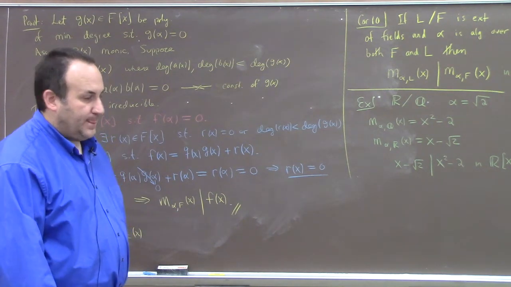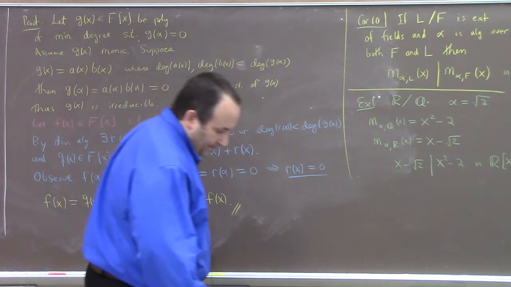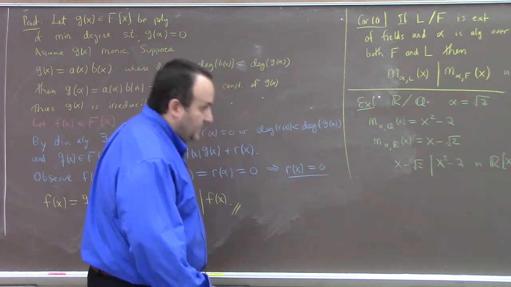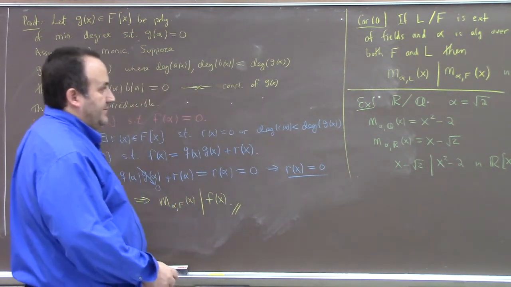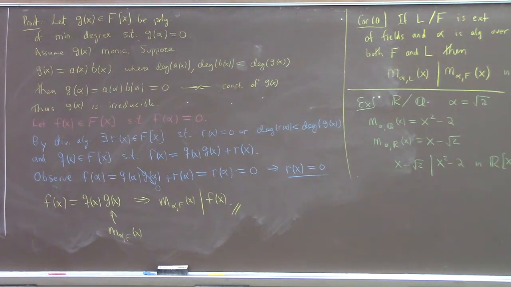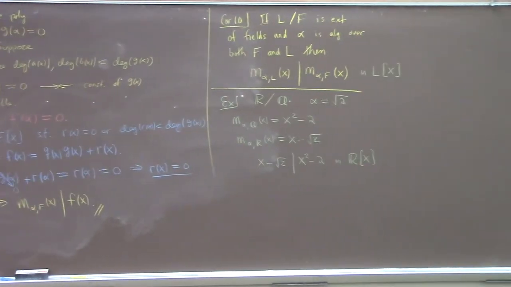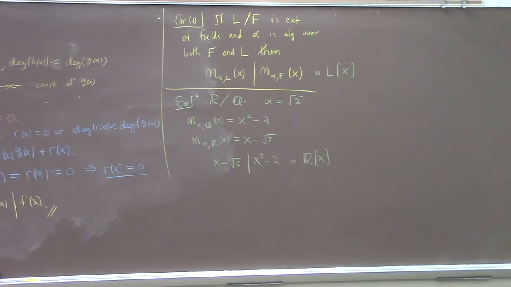Make sense? The only thing I have a question over is when we're constructing this g of x, and when we're proving proposition 9. So we have g of x, a polynomial of minimal degree such that g of alpha is equal to 0, and assume g of x is monic.